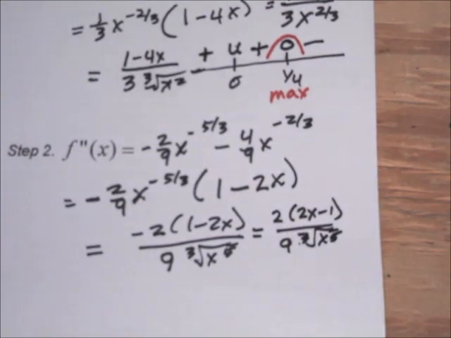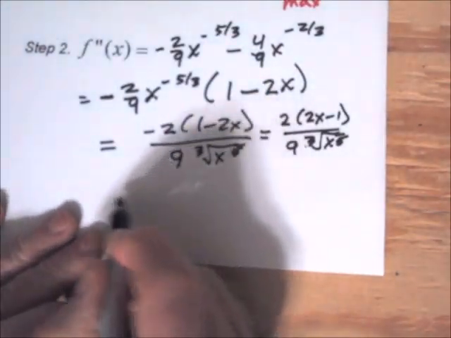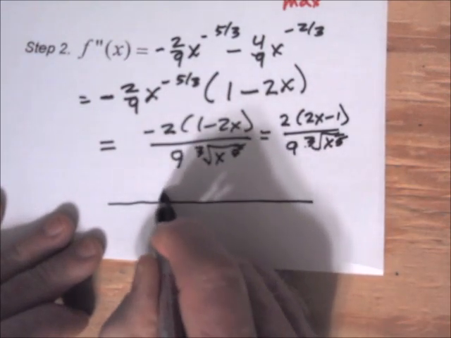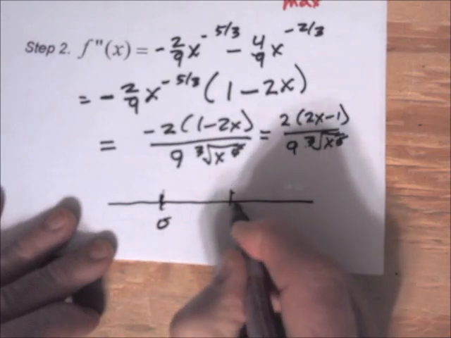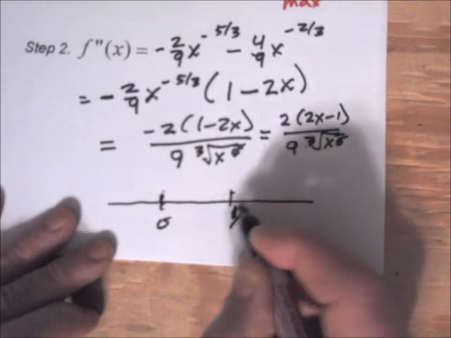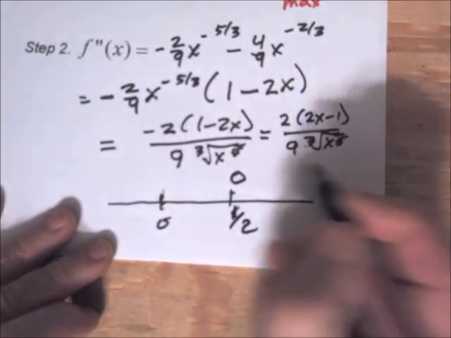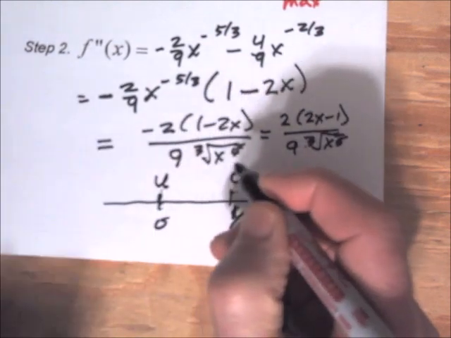Okay, so it could possibly change concavity when x is equal to half, or when x is equal to 0. So at 1/2, the second derivative is 0. At 0, both derivatives are undefined.